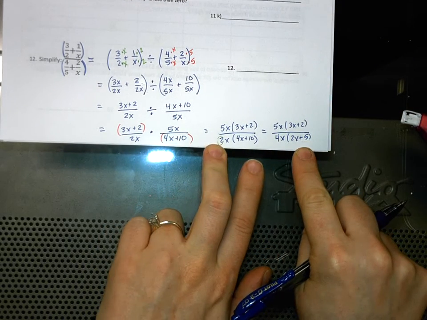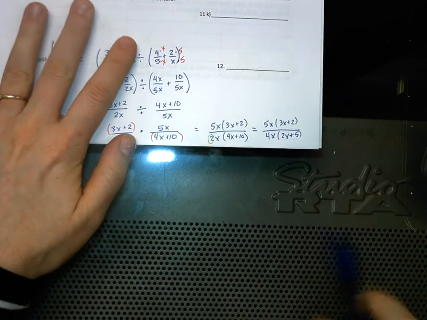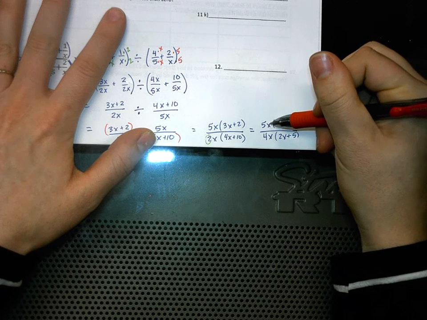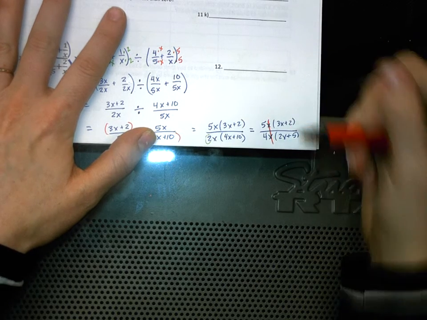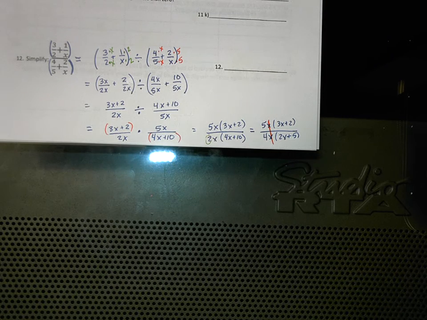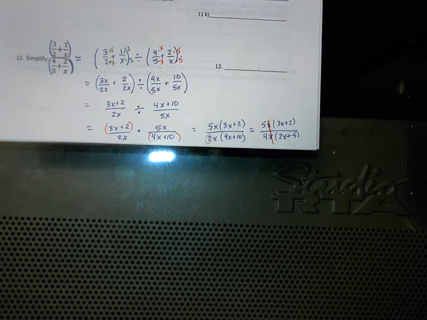What's the only thing that reduces here? X and x. 4 is not divisible by 5. 5 is not divisible by 4. X over x is 1. 3x plus 2 doesn't match 2x plus 5.